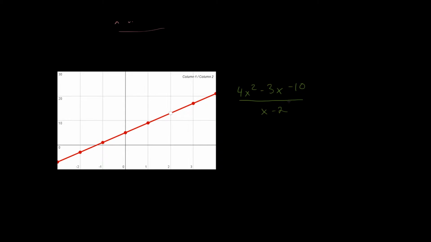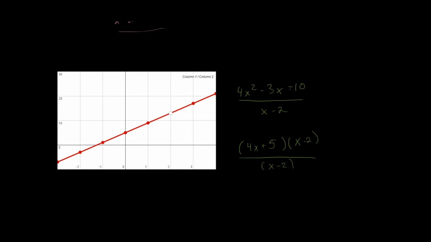All right. So that's a lot of plugging in if I wanted to find the limit. So what I'm actually going to do, I'm going to try factoring the top first. Well, the top factors out to 4x plus 5 times x minus 2 over x minus 2. And this is just the basic factoring.